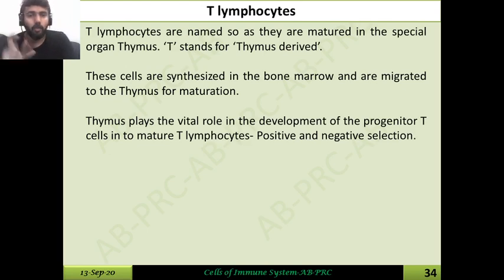This is an important stage in T cell development, because those T cells which are reactive to the self cells are eliminated within the thymus itself. This mechanism is the basis for a very significant phenomenon in immune responses called the clonal unresponsiveness of the immune system against certain self molecules, right?